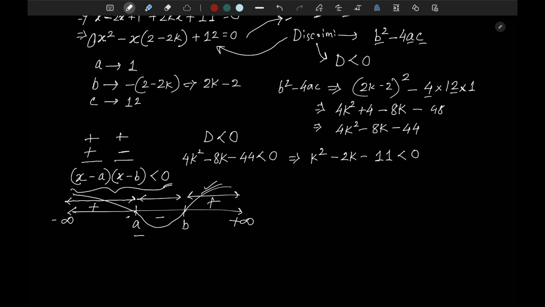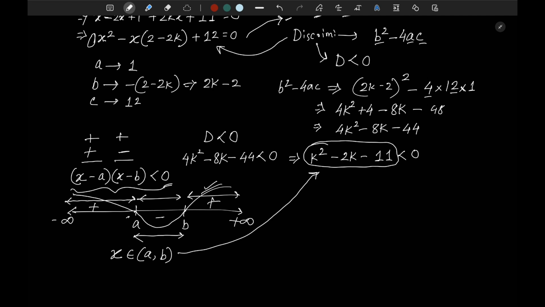So the only range where the inequation is satisfied is within a and b, and we say that x belongs to this interval (a, b), right? Same thing will happen here. This is a quadratic polynomial, and when we break this and write it in some form, say (k minus a) into (k minus b), where a and b can be any number, this will be less than 0, and from here we will say that k belongs to this (a, b) range.